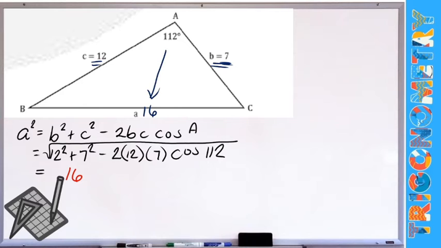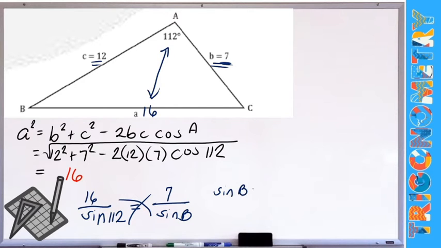So, 16 over sine 112 is equal to, ang unahin natin, yung shorter, which is 7 over sine B. By cross multiplication, sine B is equal to 7 times sine 112 all over 16.